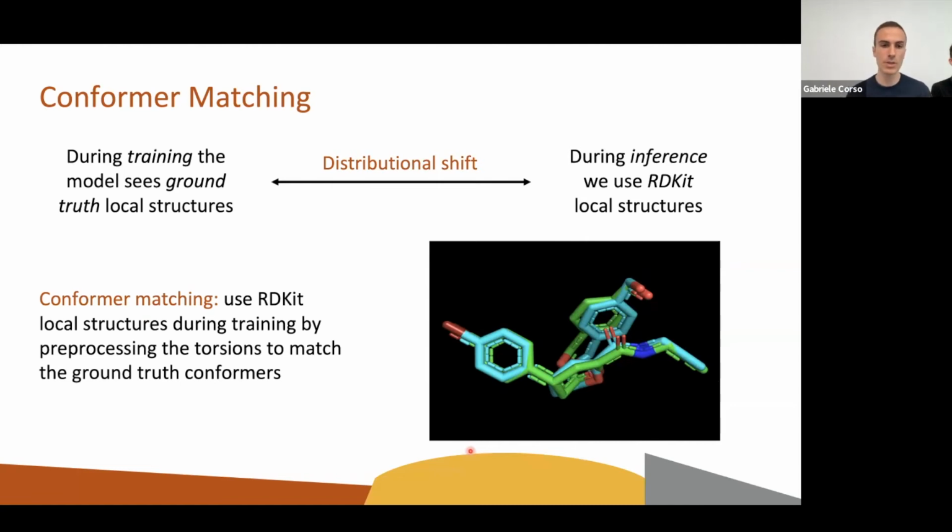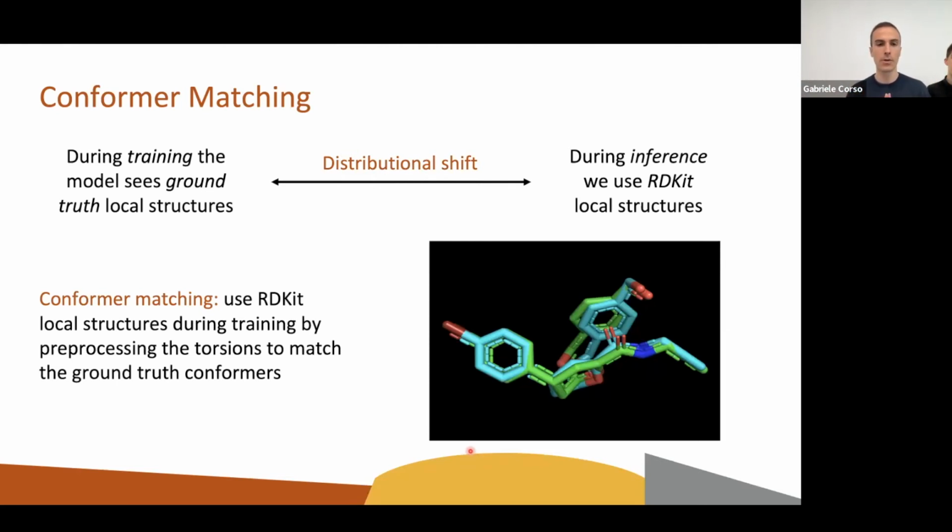And so we introduce this procedure and algorithm that we call conformer matching, where as a pre-processing step, for our training conformers, we use RDKit to get some local structures. So practically, let's say that we have a molecule with 10 conformers, and we sample RDKit for 10 conformers. We do matching of these conformers in a particular way, and I'm not going to go into the details.